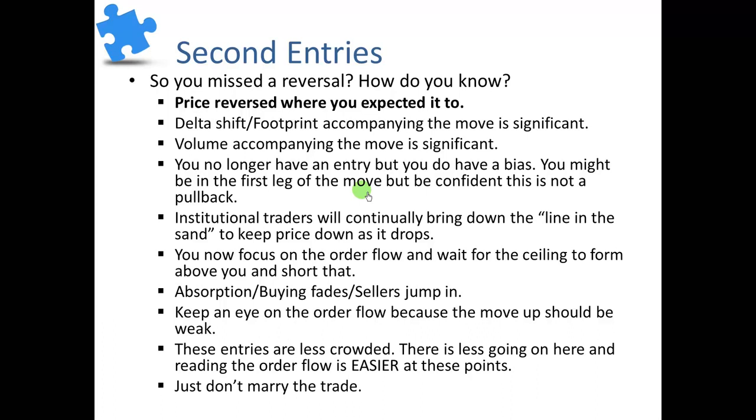Secondly, the delta or the footprint accompanying the move is significant. We'll look at how to spot this shortly. Third, the volume accompanying the move is significant, and also the number of ticks in that leg, in that swing, is significant.